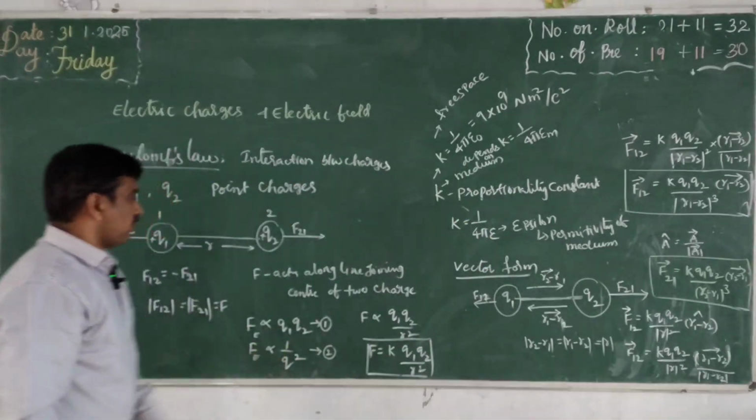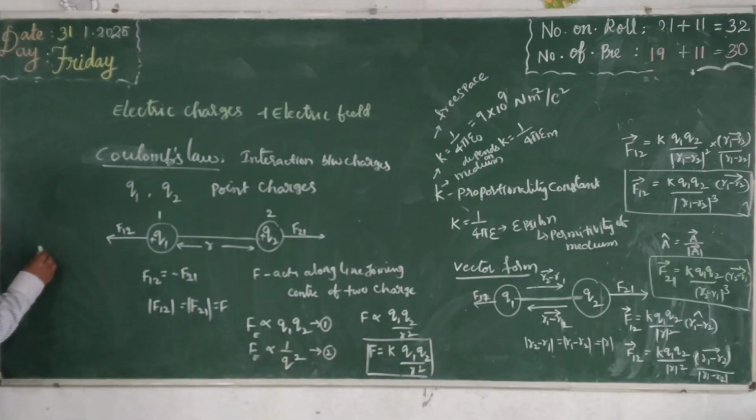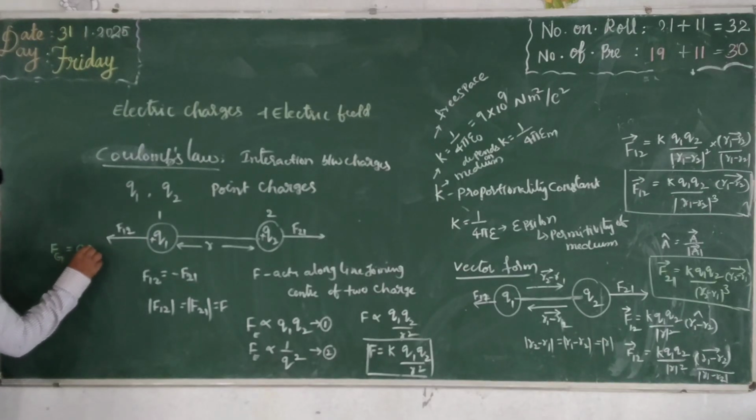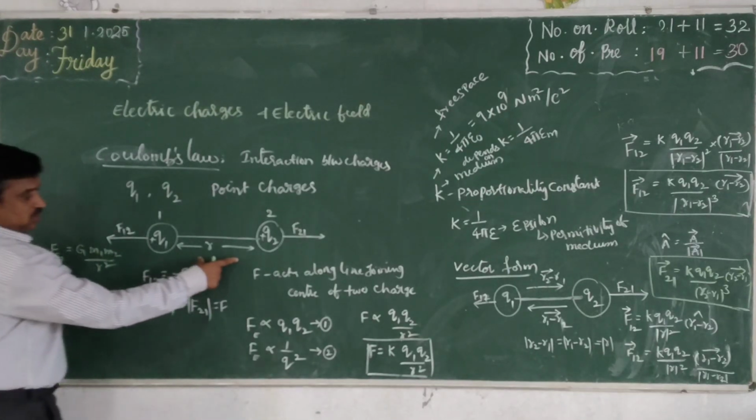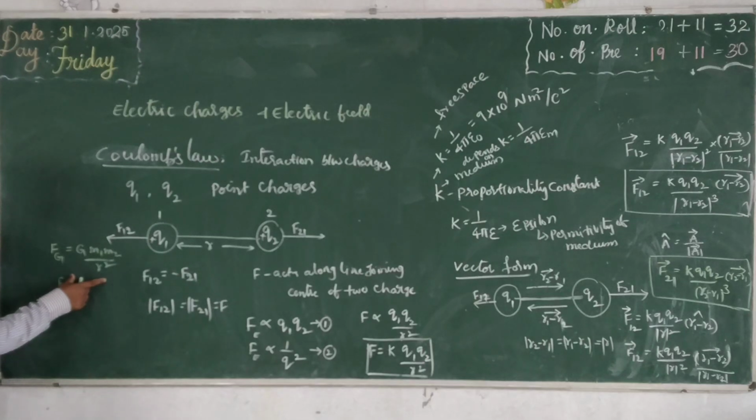In this one we have one more thing. In the gravitation lesson we learned about gravitational force, Fg equal to G m1 m2 by R square. So there is the electrostatic force, the force between two charges, and the gravitational force, the force between two masses.